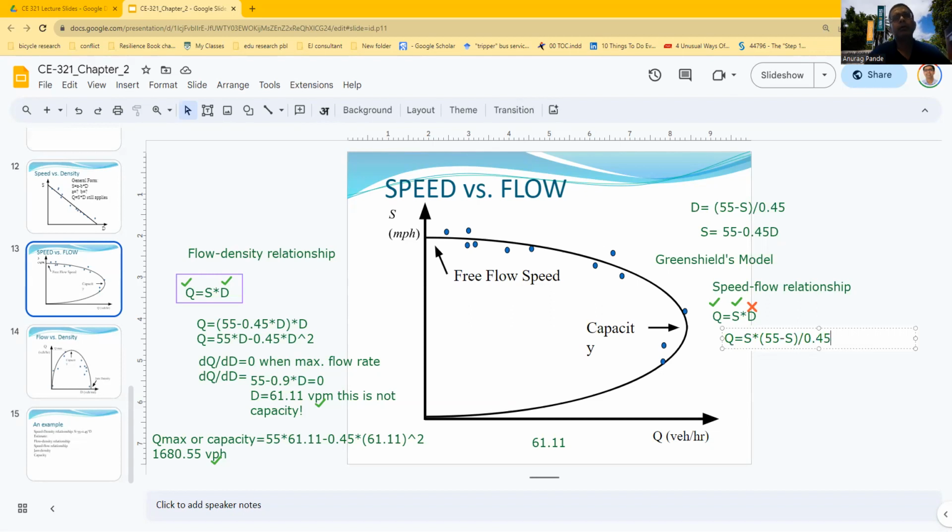Now, the good thing about this relationship is that you could actually do what you did on your left. What you did with respect to density, you can still do with respect to speed to derive capacity, because then you'll be deriving the peak of this relationship right here. You could differentiate this, because remember, Q is now on the y-axis.